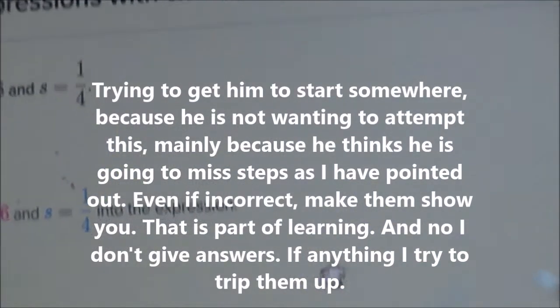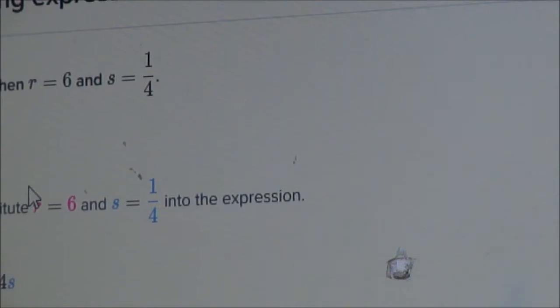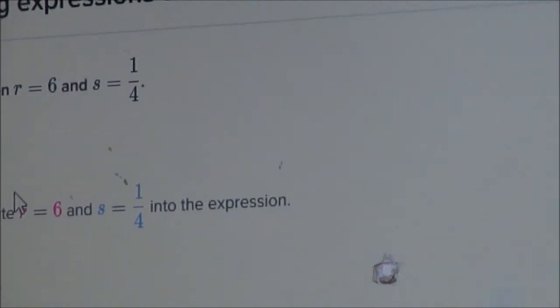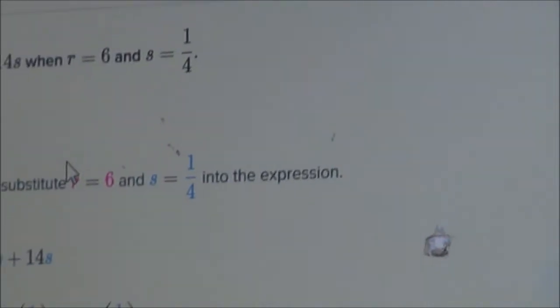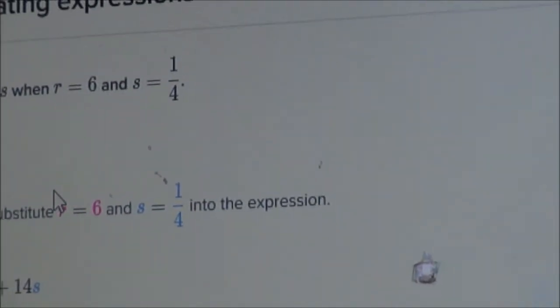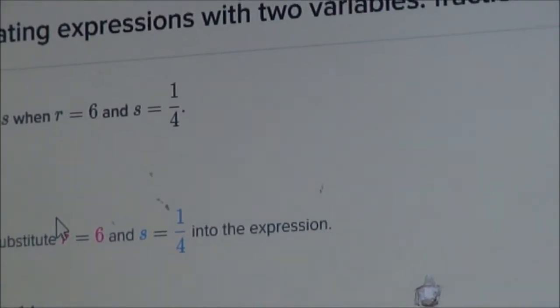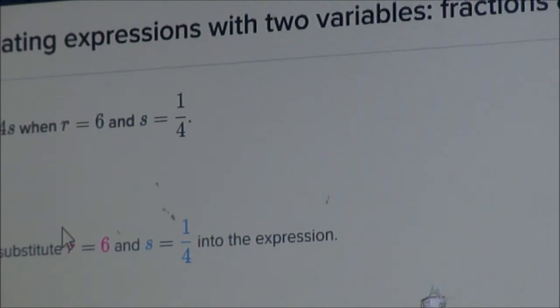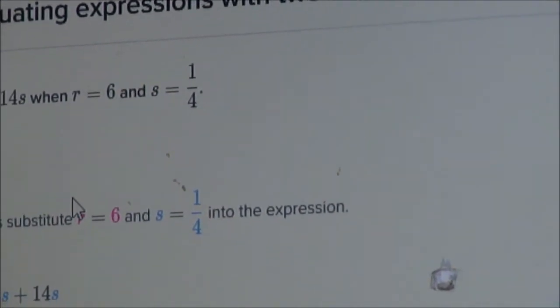So, you have the 6 in the parentheses and the 1/4. So what do you do? Multiply them. 6 times 4 is what? 24. 14 and 4. 28.